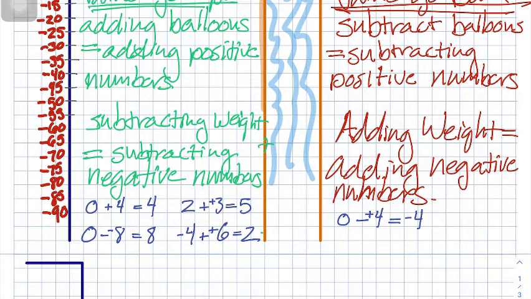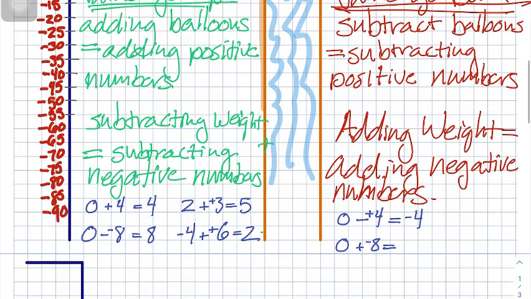And then if I start at 0 and I add negative 8, that is also going to make it go down. I'm going to add 8 weights. It's going to go down 8 spaces. And so it is going to go from 0 down to negative 8 instead of up to 8.